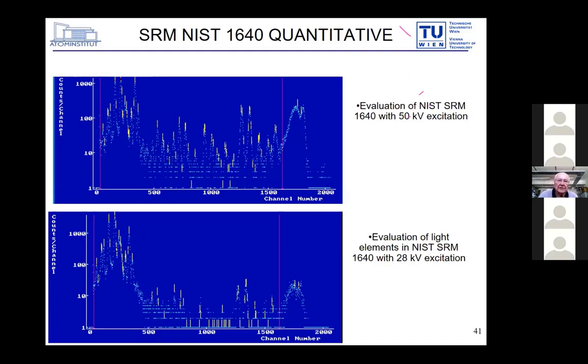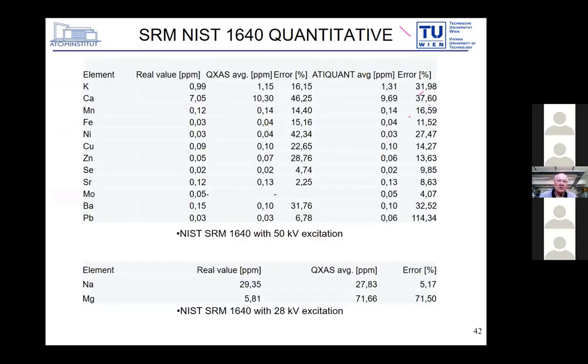So these are the two excitation modes with another NIST sample, which we were using now for the complete evaluation. And here on the NIST, you see that we have a typical error at these ppb levels in the range of 10 to 20%. And actually, we were quite happy.